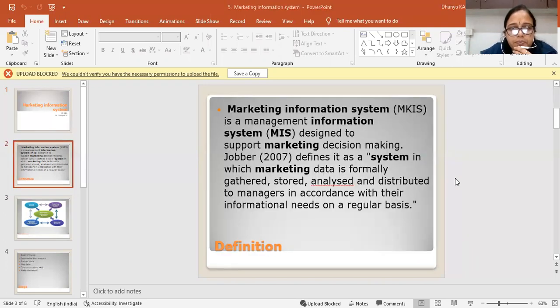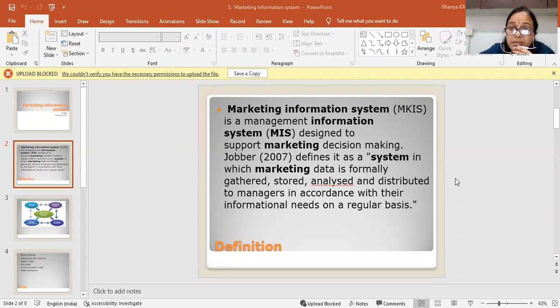Marketing information system is a management information system designed to support marketing decision making. This is the definition given by Jobber. That is, it is a system in which marketing data is formally gathered, stored, analyzed, and distributed to managers in accordance with their informational needs on a regular basis. In earlier times, marketing had a very narrow definition, but now it has a broader definition.